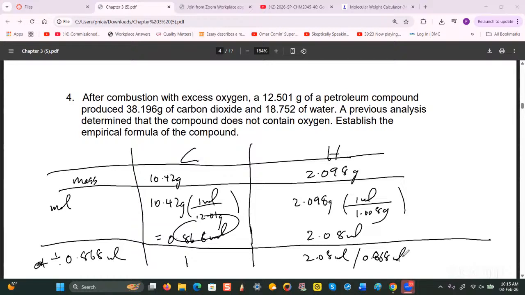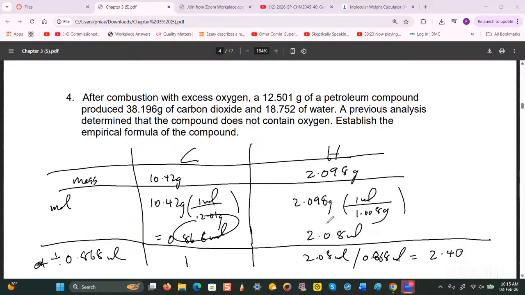So let's see what that gives. 2.08 divided by 0.868, okay, so this gives 2.40.